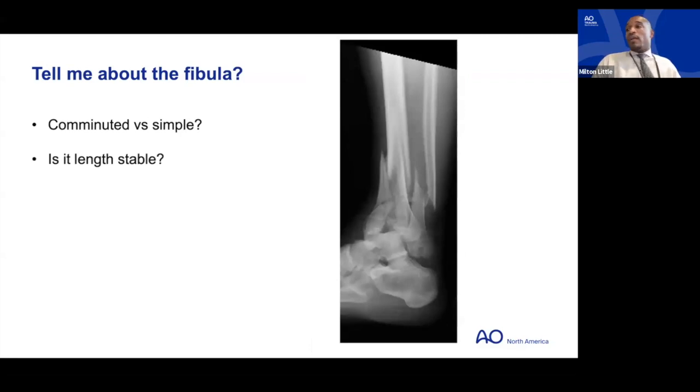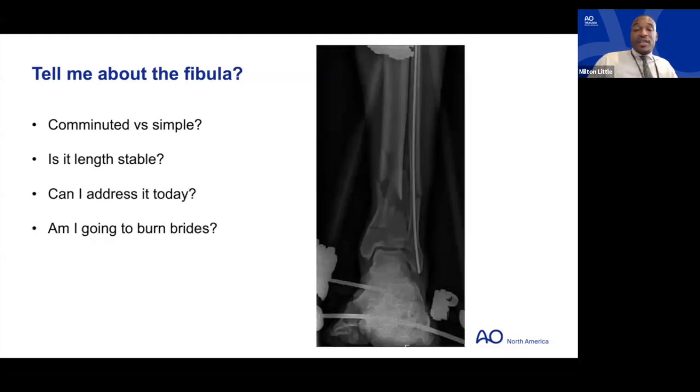When we talk about utilizing non-surface implants, so intramedullary type implants, is this something where there's not a big shear injury or some comminution, such that if you're using an intramedullary implant, it's going to allow for shortening that could impact your definitive fixation, right? So understand if this is a transverse injury or a length stable injury, how you can go about managing it and how you may go about addressing it.